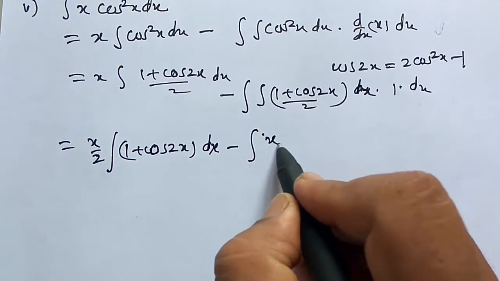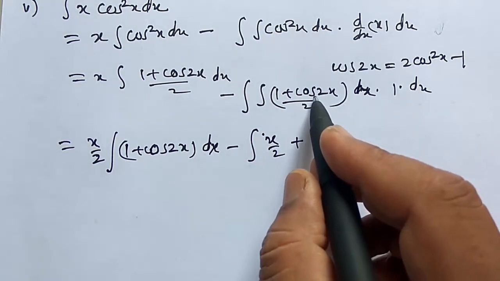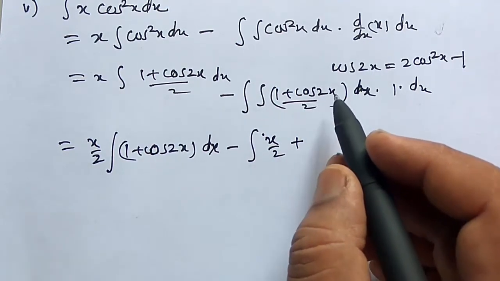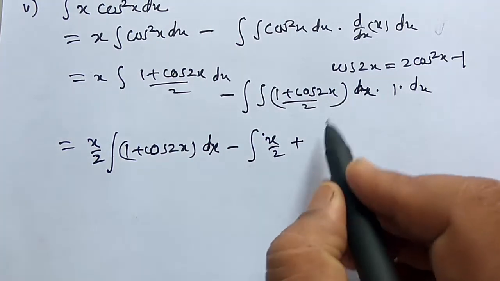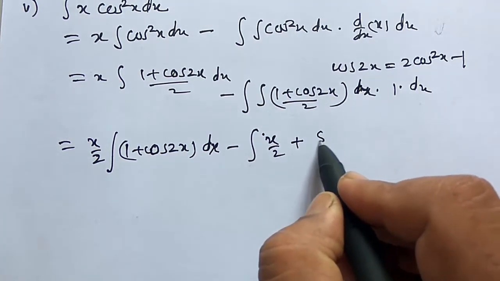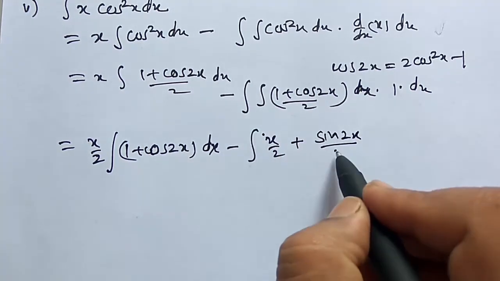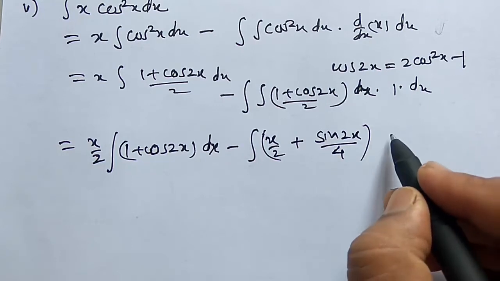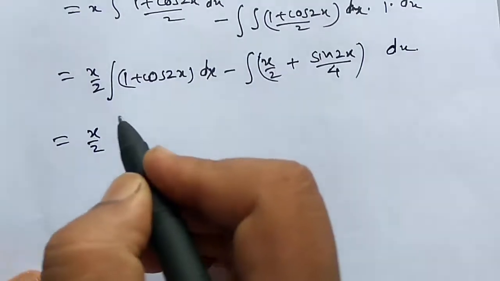So, it is x by 2 times x plus integration of cos of 2x, which is sin of 2x divided by 2, and here already 2, so it becomes 4, and dx.